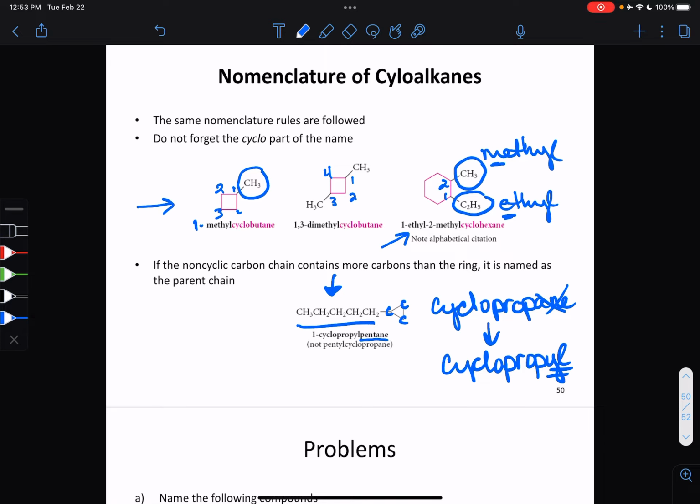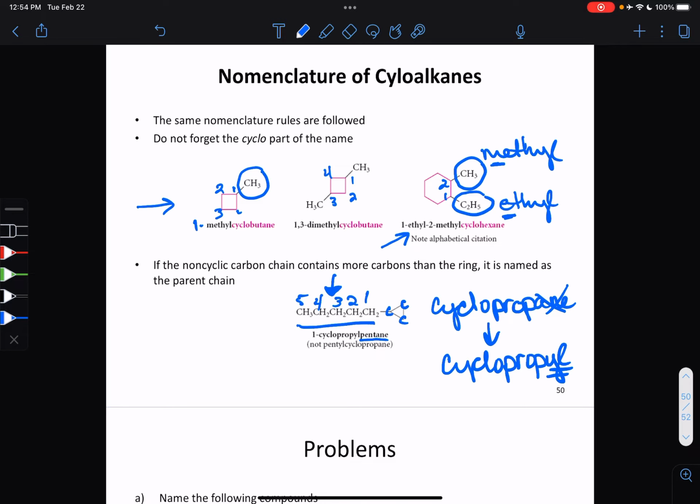So we have a cyclopropyl, and it's on the end carbon. So we could call that 1-cyclopropyl pentane or cyclopropyl pentane, but here we're being more precise and we're saying we've got a 1-cyclopropyl pentane. We're not going to call this pentyl cyclopropane because the pentane portion is larger than the cyclopropyl portion.